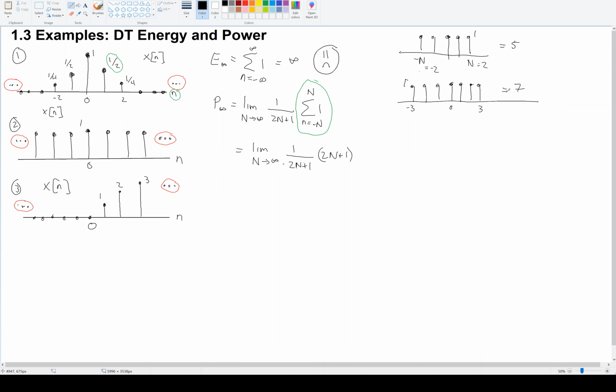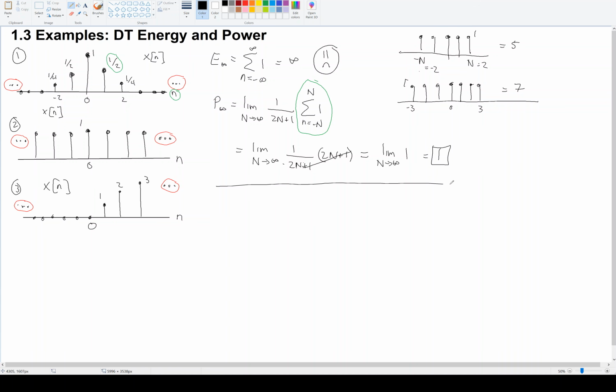My sum was 7. Here n was 2, my sum was 5. 2n plus 1. So now the 2n plus 1s cancel, and I'm left with the limit as n goes to infinity of 1. Well, that's just 1. So in this case, for example 2, I have infinite amount of energy, and I have 1 unit of average power.